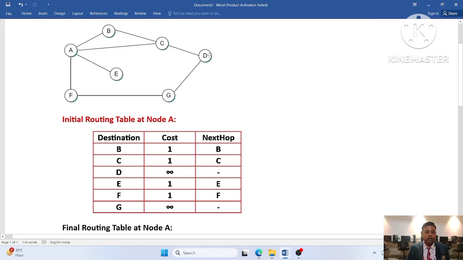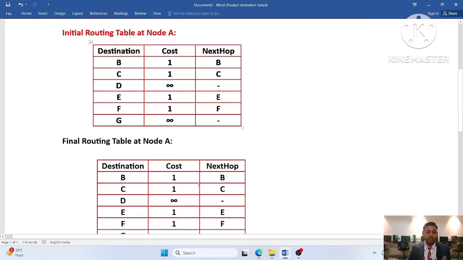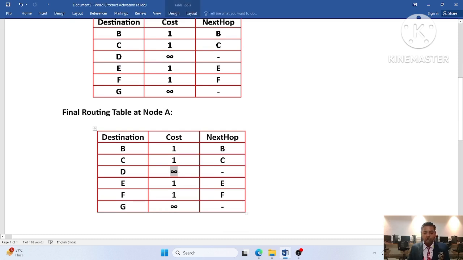From C to D, the hop count is 3. So 1, 2, and 3. But if I come via C, A to C is 1 hop count, and C to D is 1 hop count. So total 1 plus 1, 2. So always I have to follow the shortest distance. Okay. So here I can replace the value as 2.